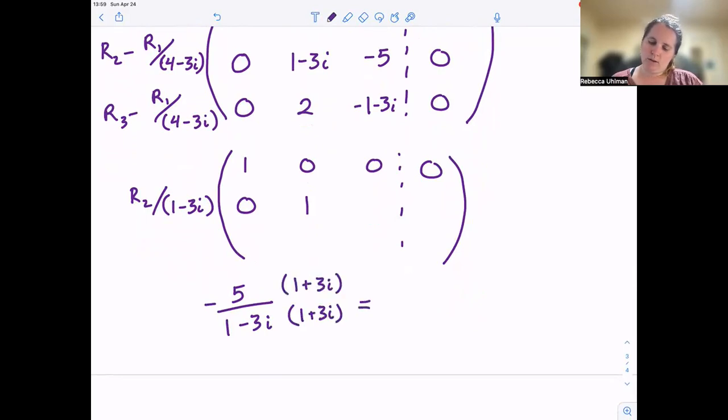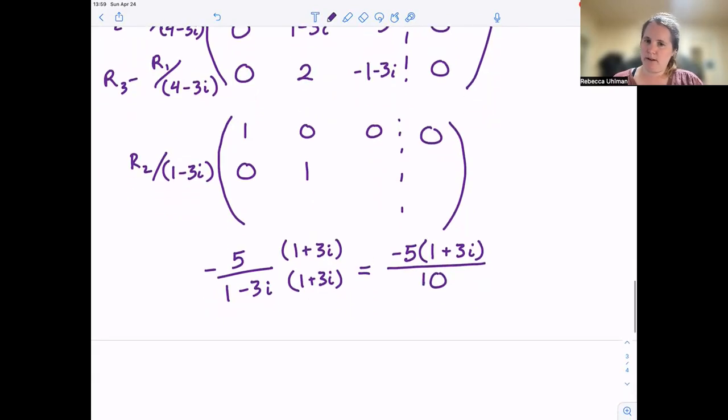So this becomes -5 times 1 plus 3i up top. And down below, we have 1 squared minus 3i squared, which becomes 1 plus 9 or 10.